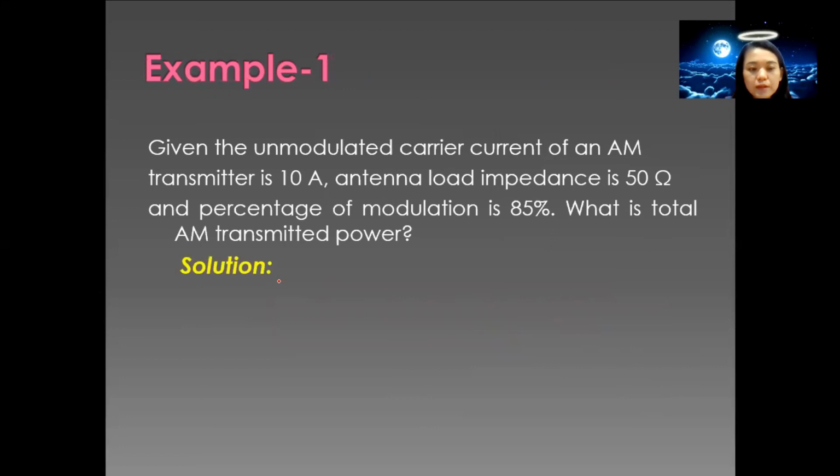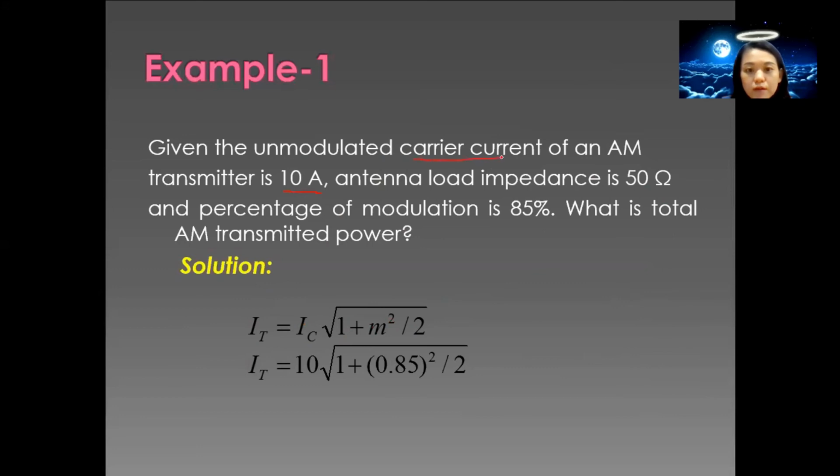From here we have the solution. We have to find the current first before we calculate the total AM transmitted power. So the current is I total equals IC times the square root of 1 plus M squared divided by 2. IC is 10, the current for the carrier. The load R is 50, and the percentage of modulation is 85, so the modulation index M equals 0.85.